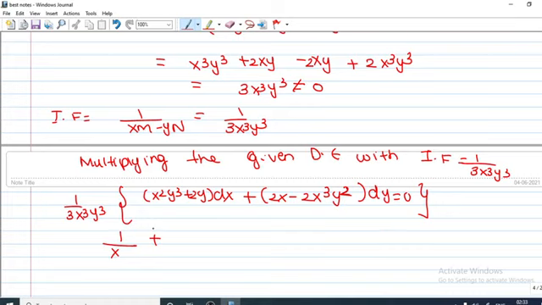So it is stupidity if you continue using that 3. Just think that 3 is not there and multiply by x cube y cube.